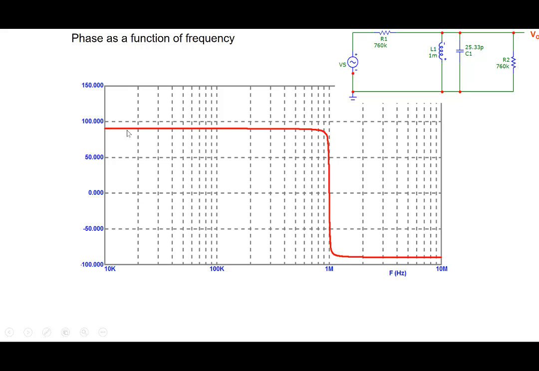So this is like 90 degrees here. The phase of the output is 90 degrees ahead, positive 90 degrees angle with respect to the input. And then there's a sharp change at around 1 megahertz, which we know is where my circuit is most sensitive, and then the phase becomes minus 90 degrees.